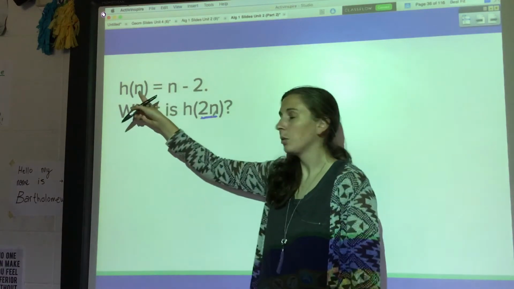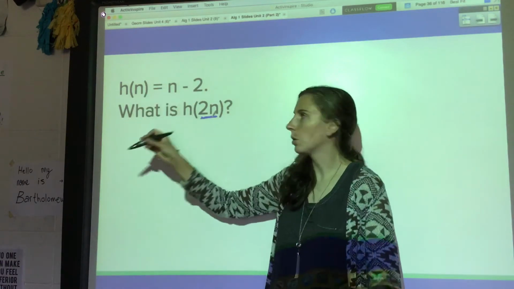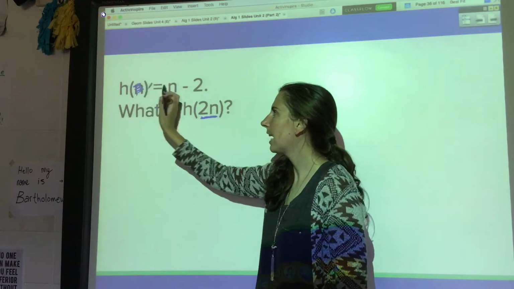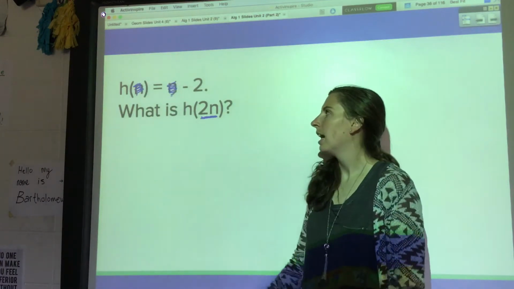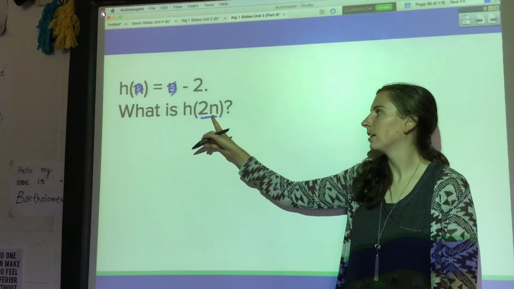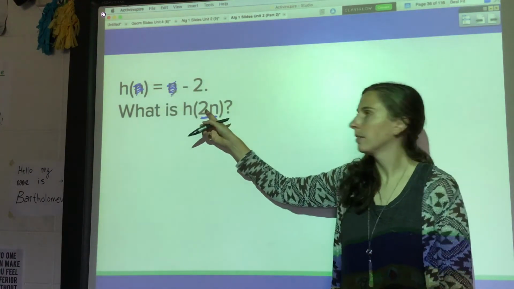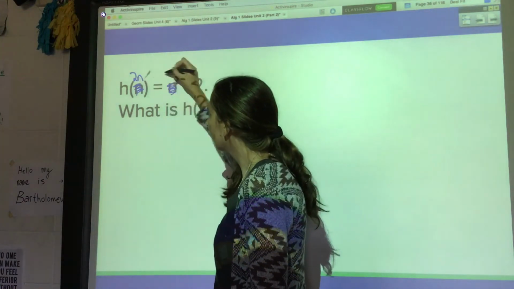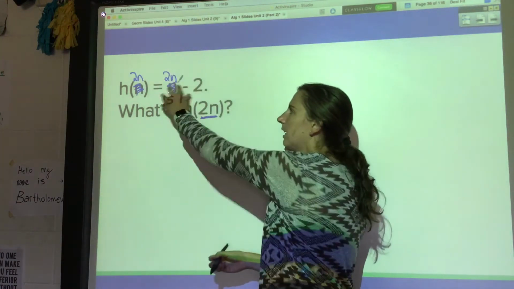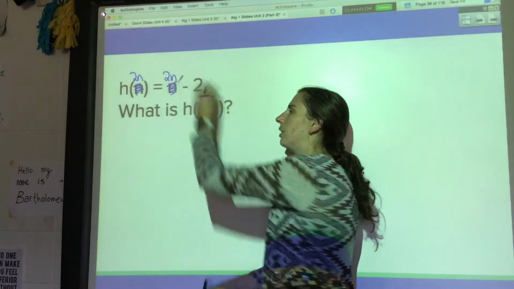Remember, this n was just acting as a placeholder. We are going to literally take it out completely and put in this instead. Instead of n, we're putting 2n. So literally take out the n, put in the new input.